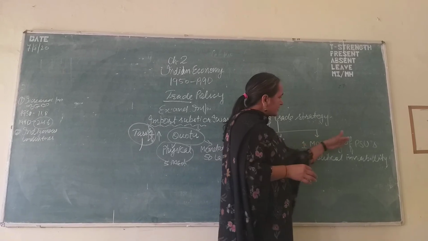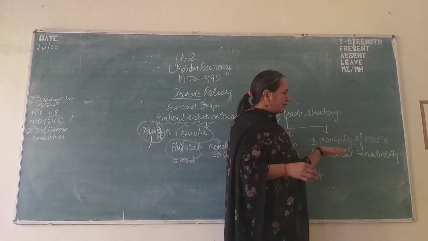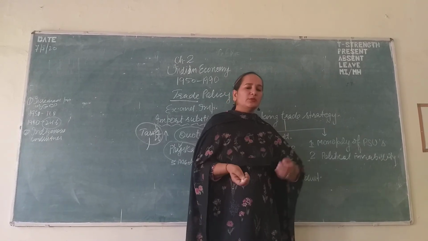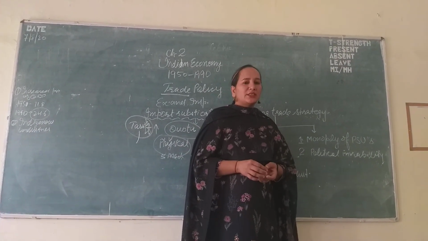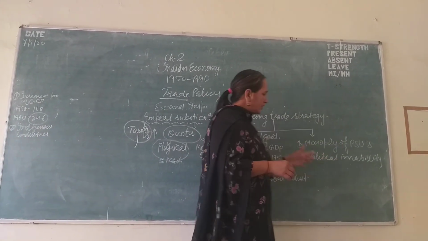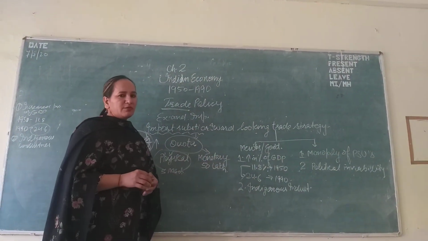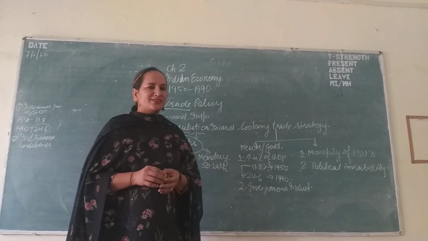If these public sector undertakings were disinvested, then that government would not be able to get votes in the next election. So there are certain positive and negative impacts of inward looking trade strategy.